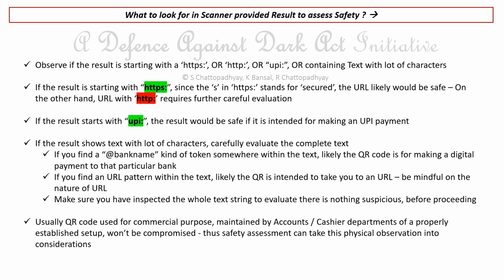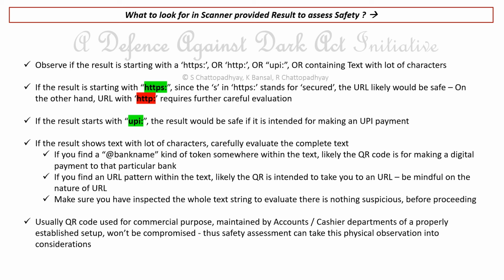In general, if the QR code is maintained by a commercial establishment, and if it is safely kept at, let's say, the accounts department or the area where the cashiers are sitting, the likelihood is pretty high that it will not be tampered with.